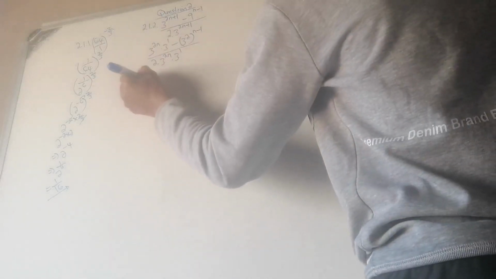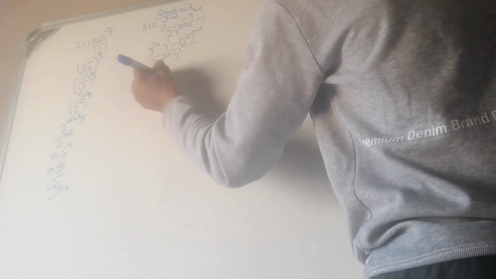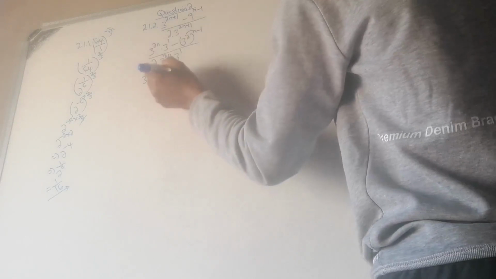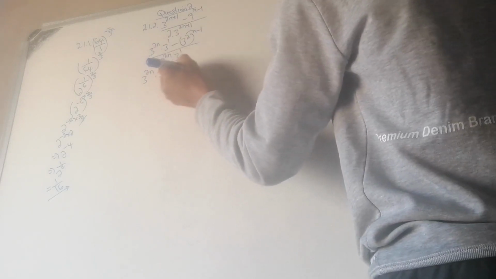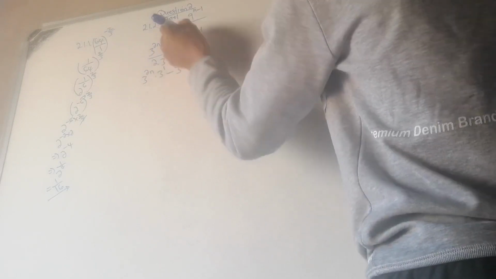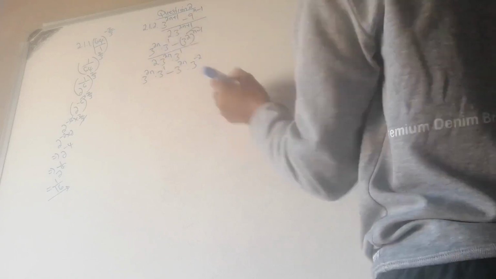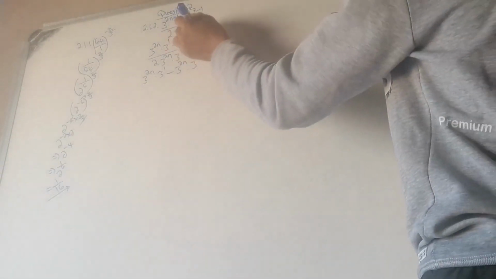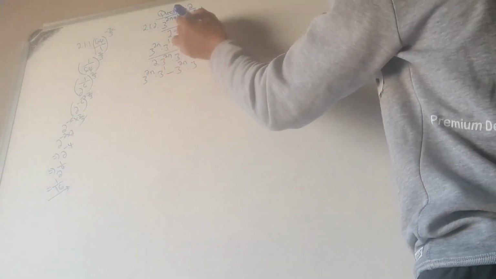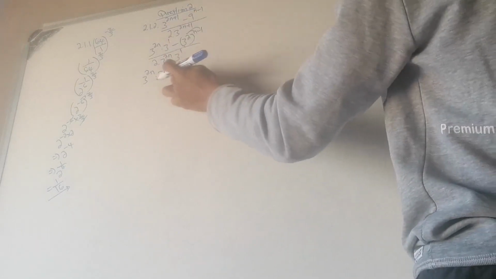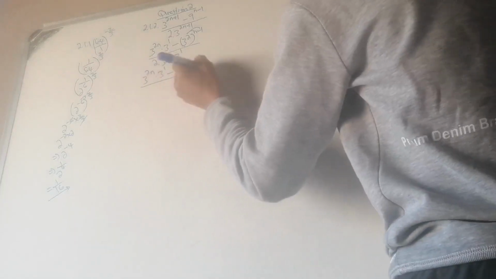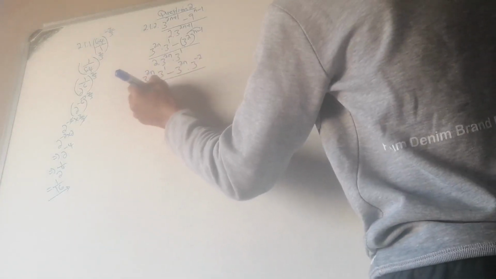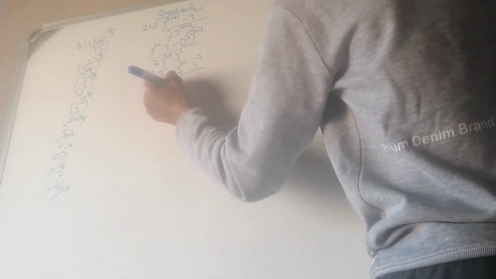Then I have 3 exponent 2n times 3 minus 3 exponent 2n times 3 exponent minus 2, since 2 times n minus 1 gives 2n minus 2.